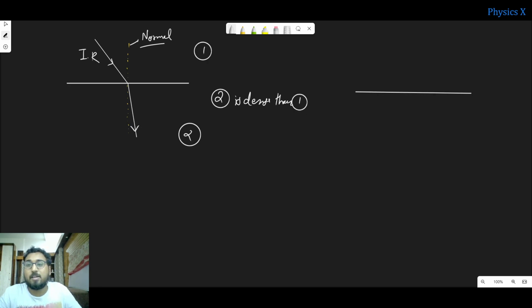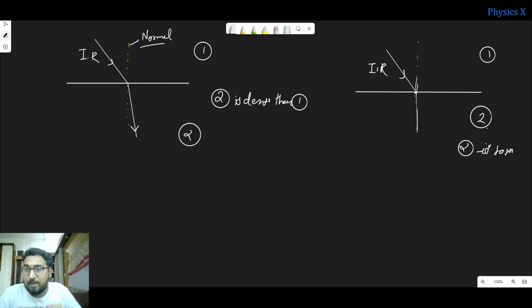And in this case, if the case is just opposite, if 2 is rarer, then what will happen? The speed of light will increase in the rarer medium, and the ray will bend away from the normal. So this you must remember.